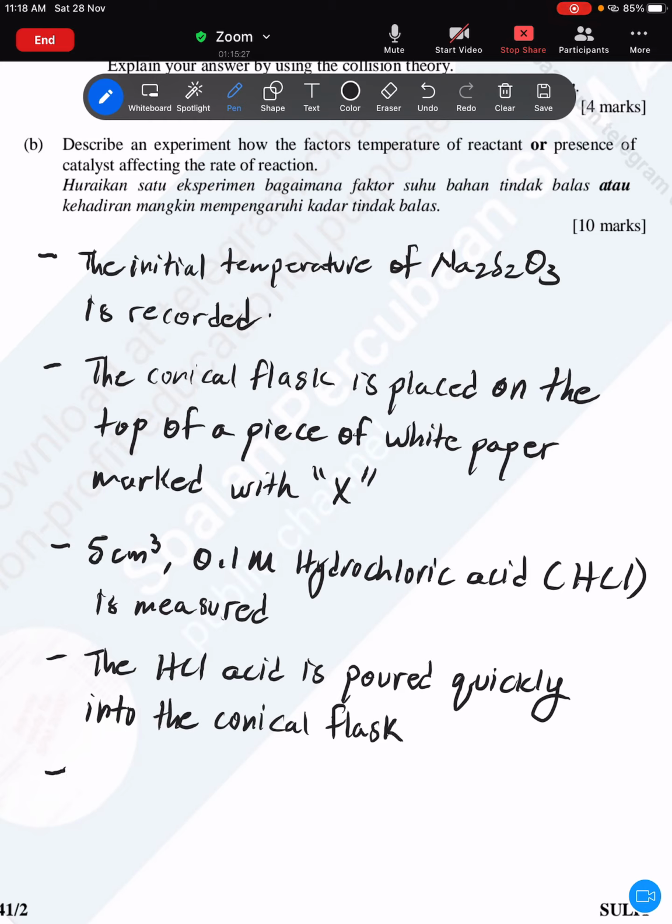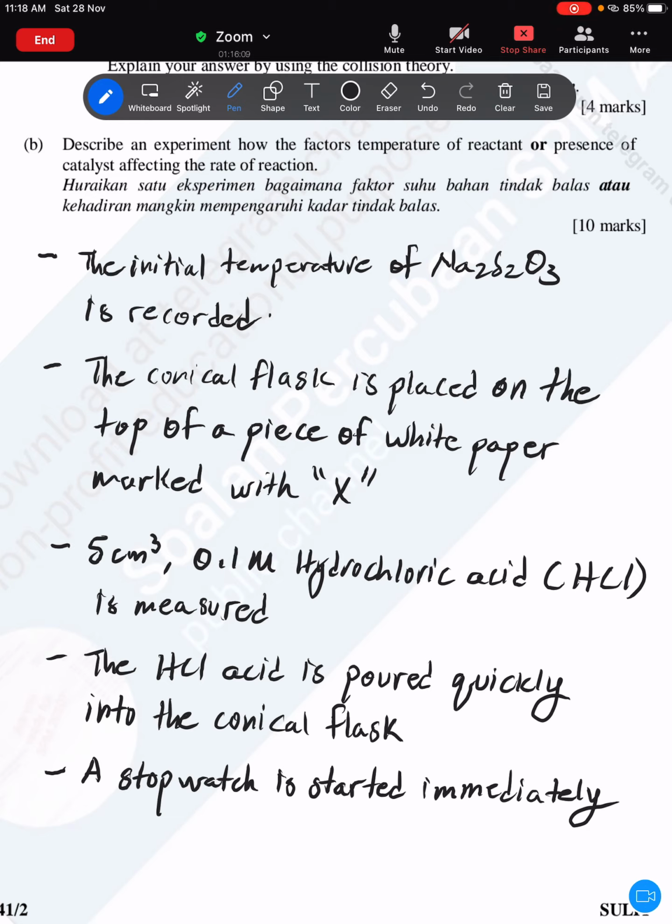After adding, what do we do? We want to measure the time. Use a stopwatch. A stopwatch is started immediately. Okay.